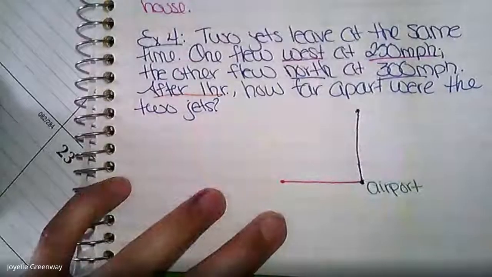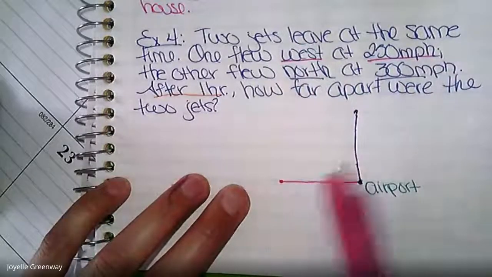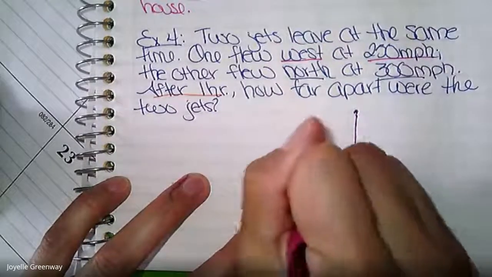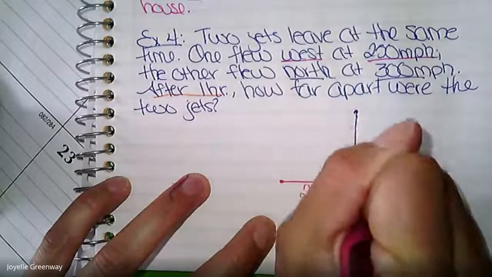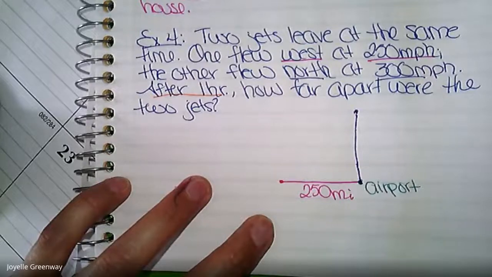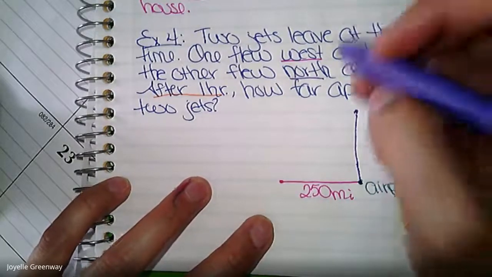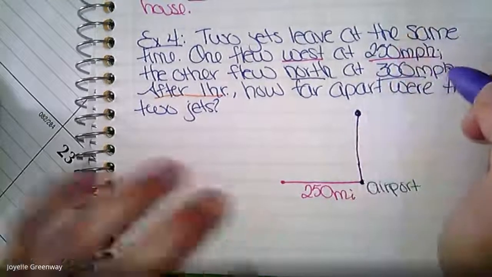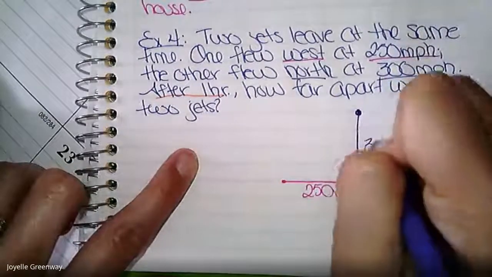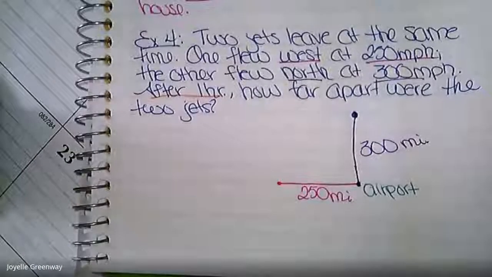After an hour, this jet that flew west flew 250 miles. If it flies 250 miles in an hour, then after 1 hour, it went 250 miles. This jet flew north at 300 miles per hour, so after an hour, that jet flew 300 miles.